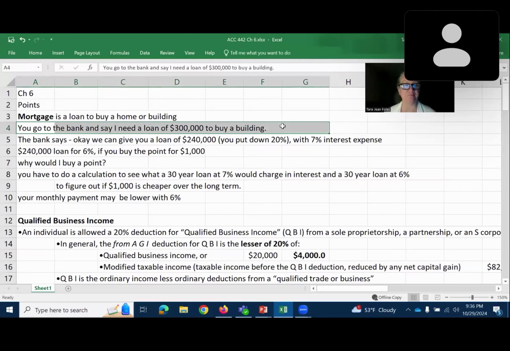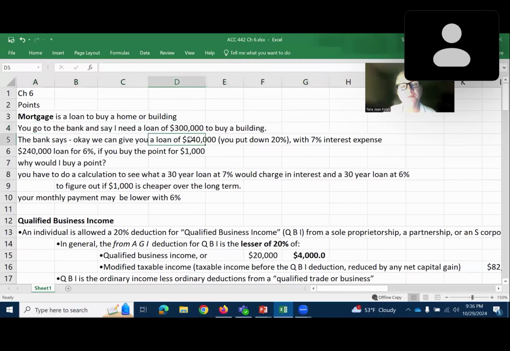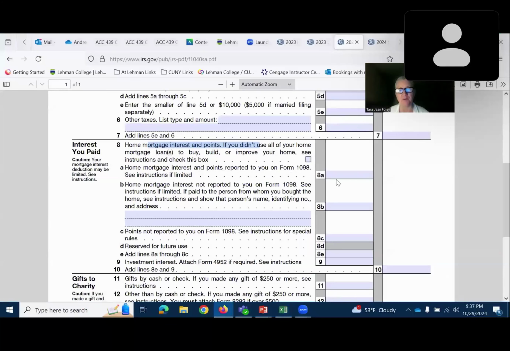The bank's going to say, no problem, but we're only going to give you a loan for $240,000, because a bank will never give you 100% for a property because they want you to invest as well. They say, we're going to give you a loan for $240,000 if you put 20% down, and you're going to pay us back 7% interest. Well, every year on my tax return, the interest that I pay, I'm going to put here at the end of the year.